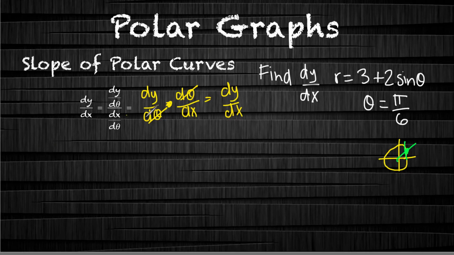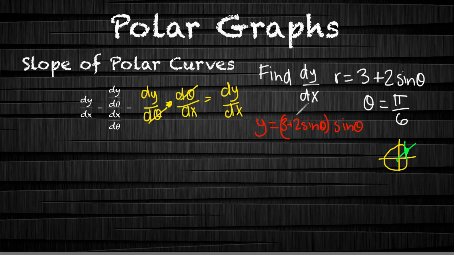And so what we first need to do is come up with expressions for y and x. So we remember that y is equal to r sine theta. Well, r is given to us. It's 3 plus 2 sine of theta, times, and this is the part that you have to be careful with, times sine of theta.